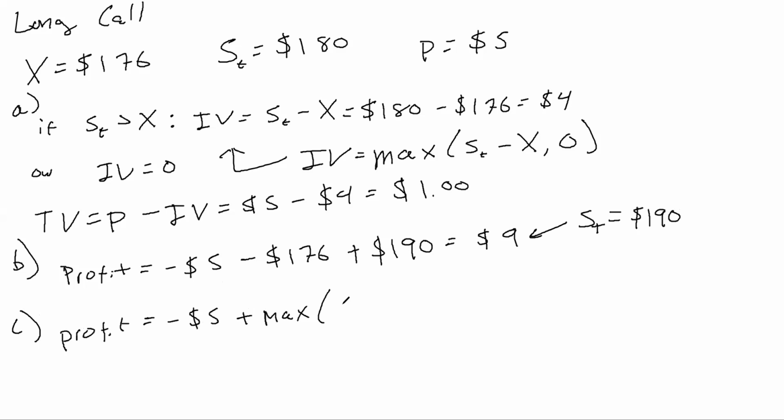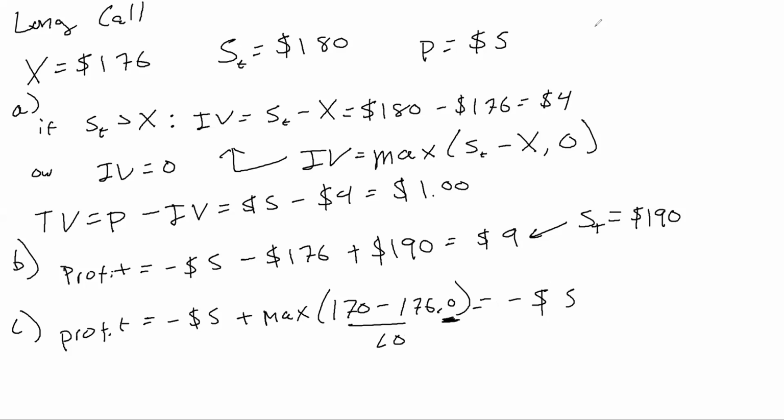If at the time of expiration the stock is trading at 170, then 170 minus 176 is going to be negative, which is less than 0, so the max function would give 0. So if you don't exercise the option, then your net profit would be negative 5.